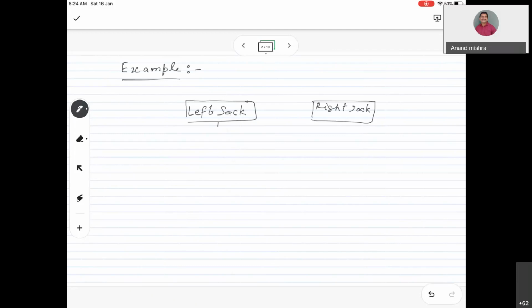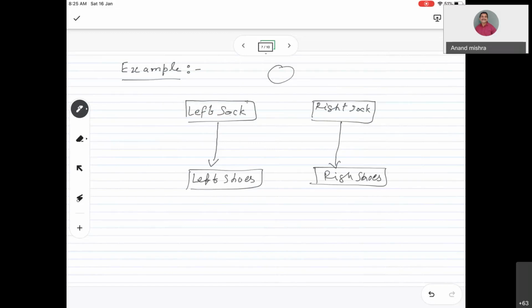After the left sock, you can put the left shoe, and after the right sock, you can put the right shoe. And if you say this is your start and this is your finish, then this is the order, right?